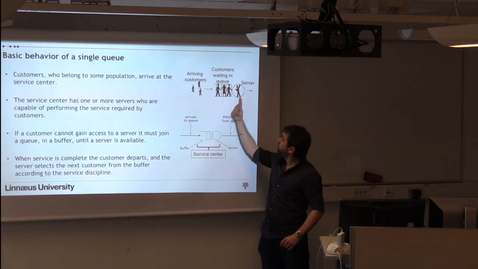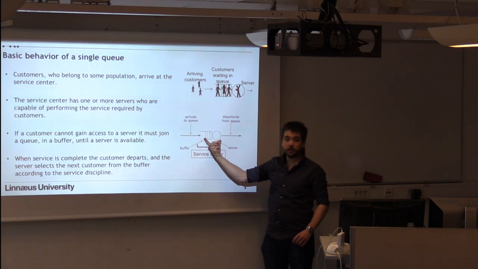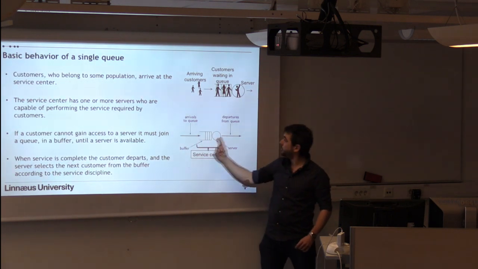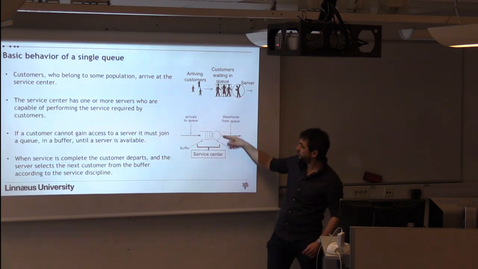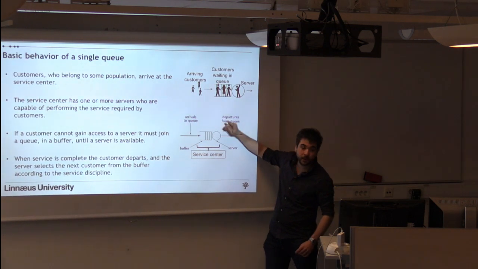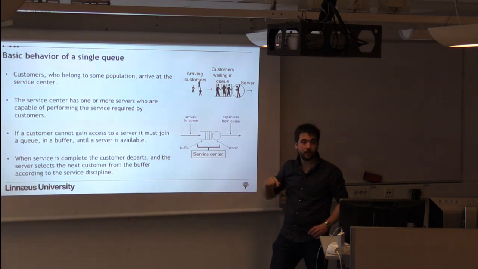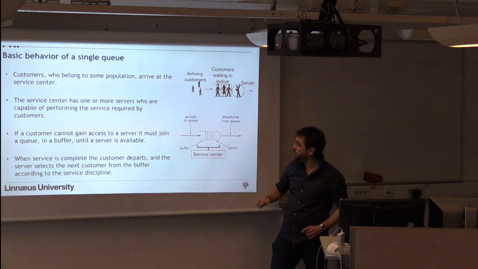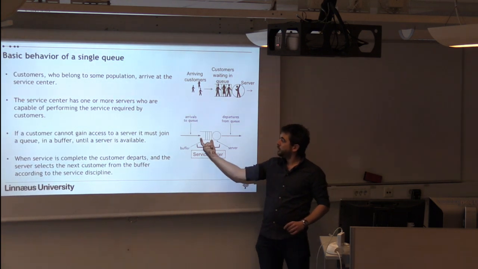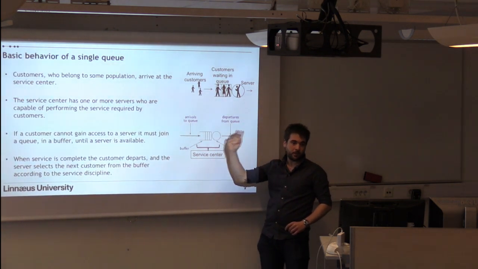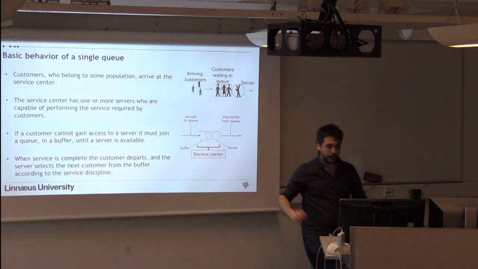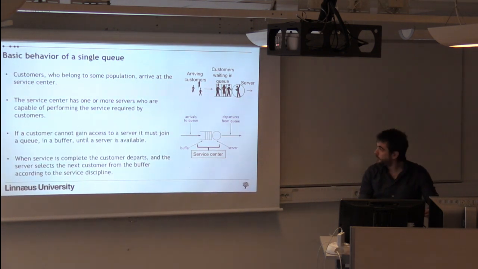For this behavior we will use this representation: arrivals, an arrow, departures, an arrow, the server, with the number of servers and the rest of the properties of servers that we will see in a couple of slides, and the queue, the buffer, with the properties of the buffer that we will see also in a couple of slides.